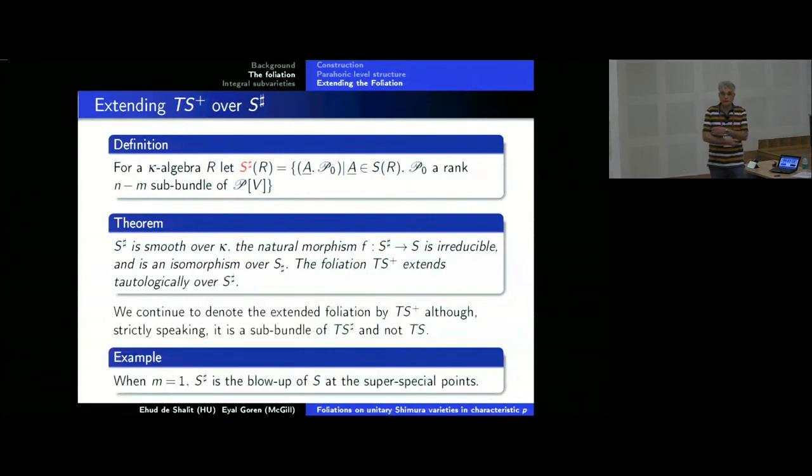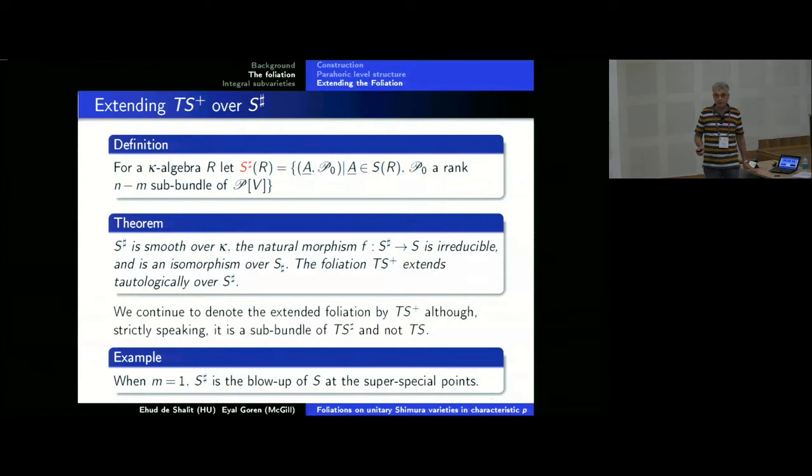Fine. So how do we blow up S? As usual, if you do not have a unique P0, you add this P0 that you want to be unique to the data that you want to classify. So I define a new moduli problem, only in characteristic p, that's called S upper sharp.